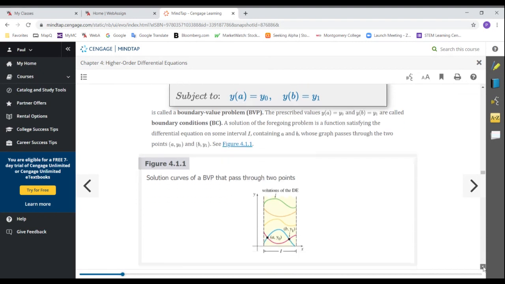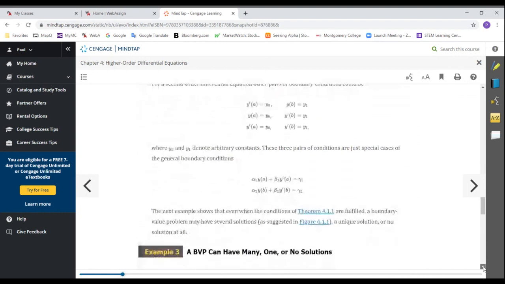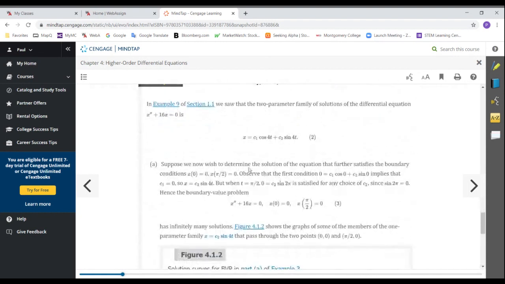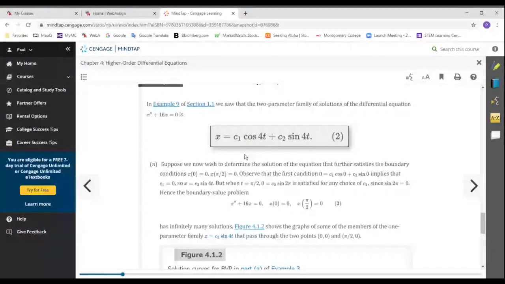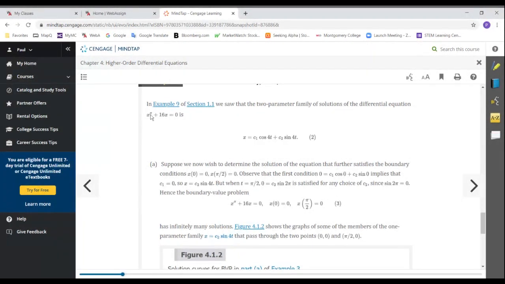Okay, and so if we look at an example here, where you have x equals c1 cosine of 4t plus c2 sine of 4t, that is a two-parameter solution to the second order differential equation, x double prime plus 16x equals 0. Okay, so that's something that you've seen before.